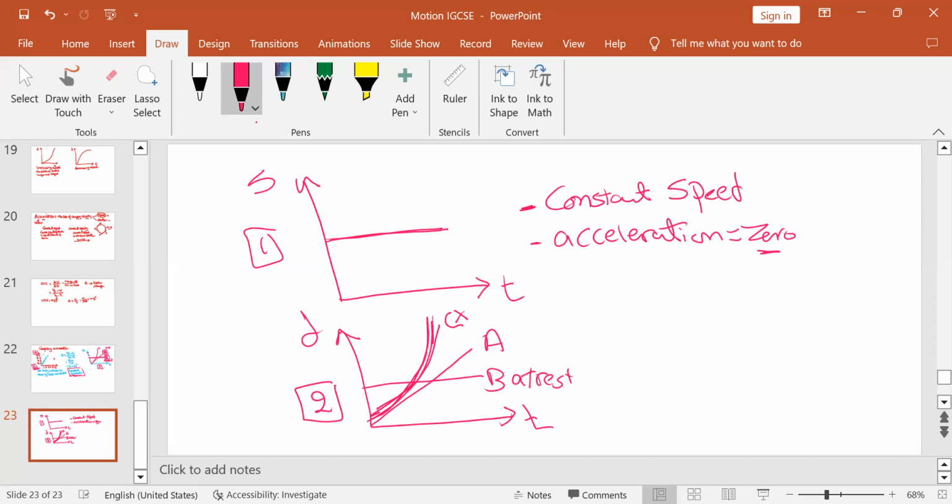The body here is at rest. So it's constant speed, right? Yes.